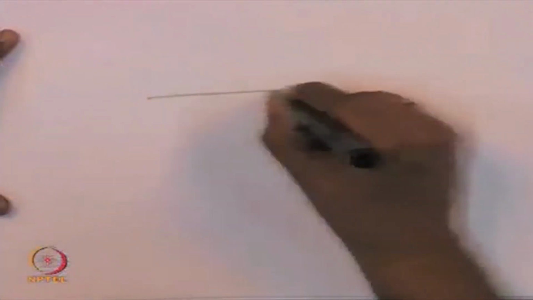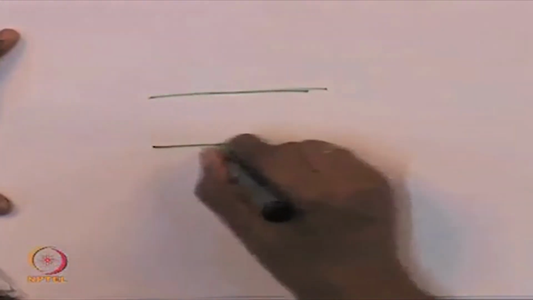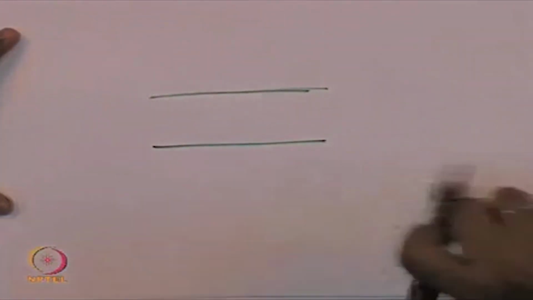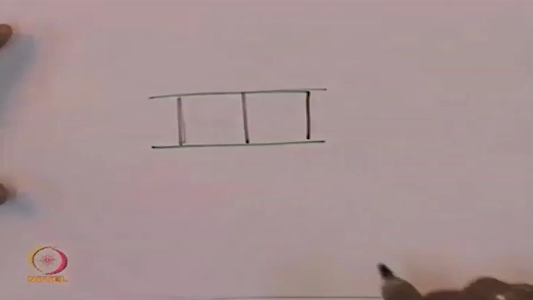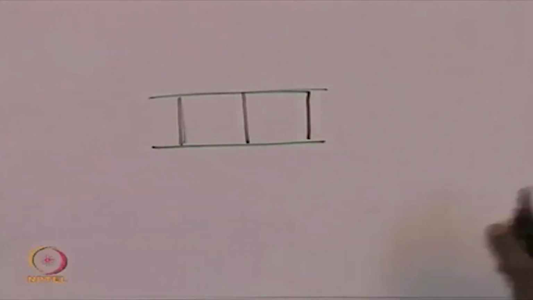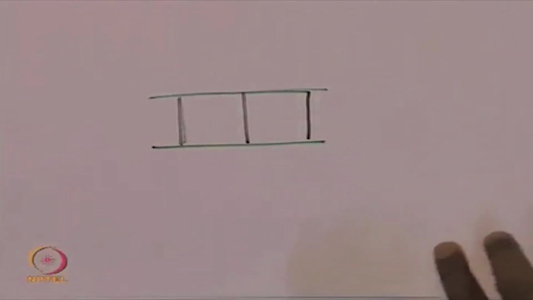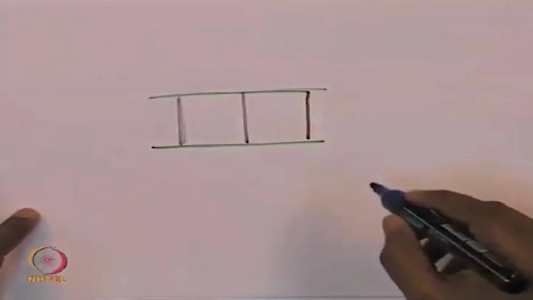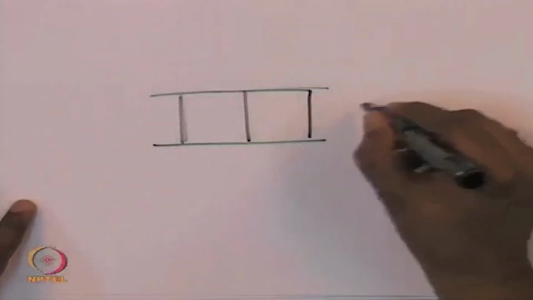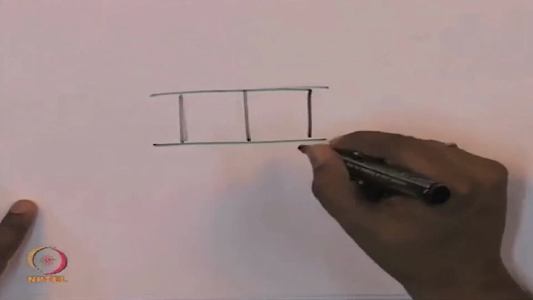Let us imagine a 3 base pair double stranded DNA. You can imagine some situations, like all three are base paired.